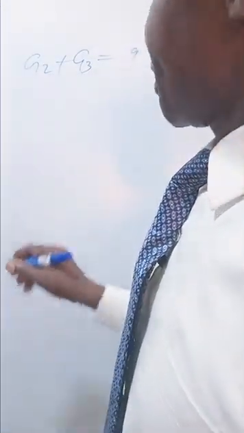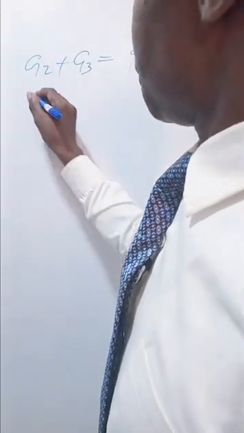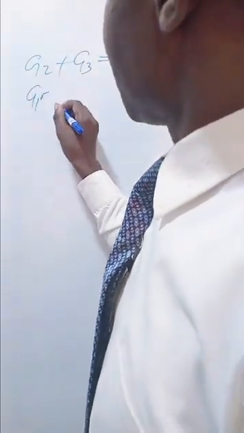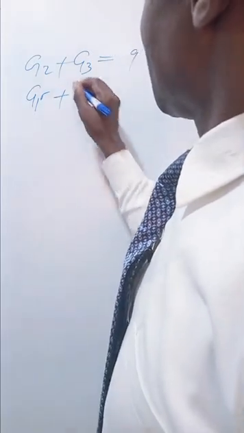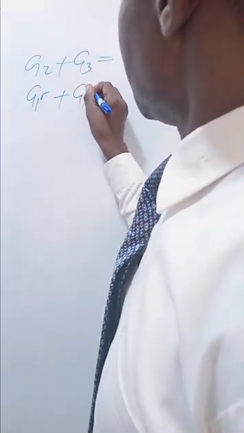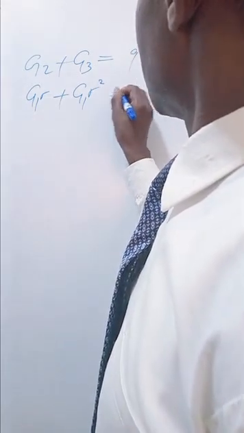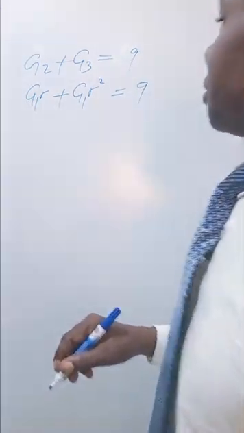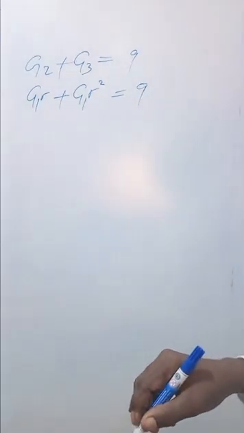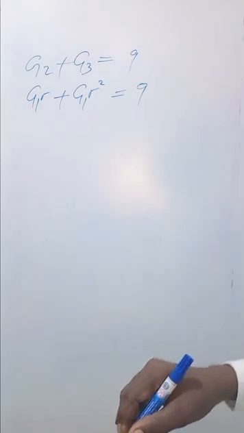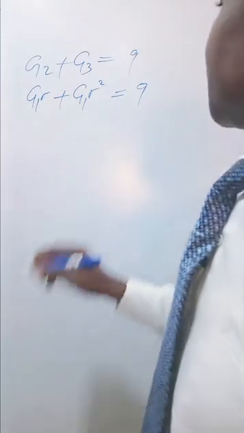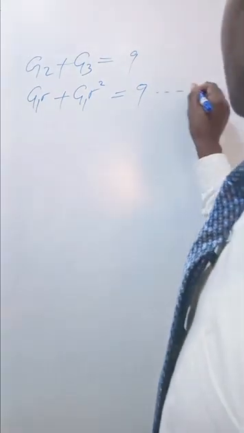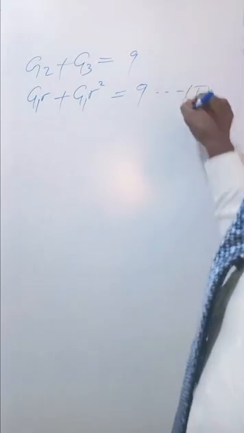We saw previously that G2 equals G1 R, and G3 equals G1 R squared. This gives us 9. Let's call this one equation number 1.